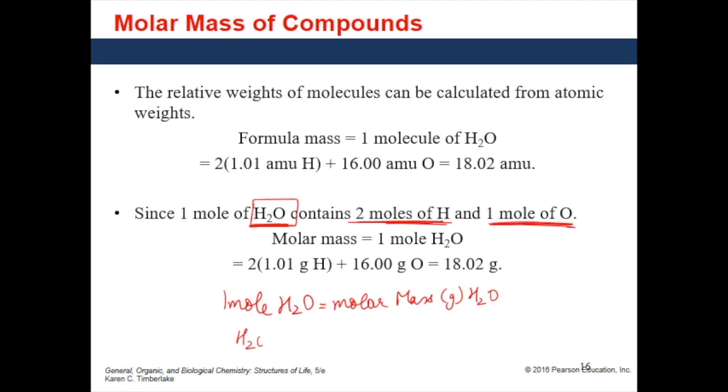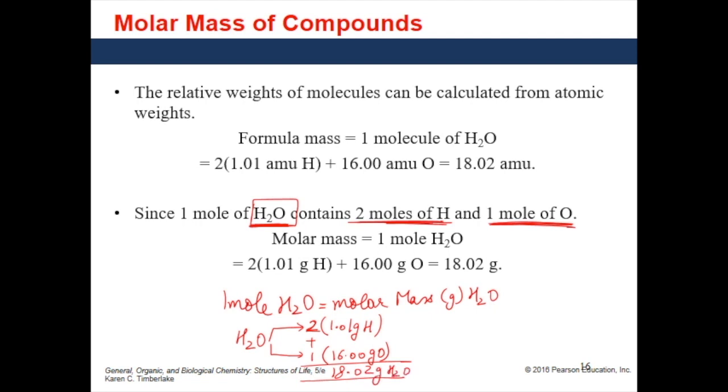Each water consists of 2 atoms of hydrogen, and each atom from the periodic table weighs 1.01 grams. So 2 atoms will weigh twice that, so 2 times 1.01, plus we have 1 atom of oxygen, so 1 times 16.00 grams of oxygen from the periodic table. If you add it all together, that gives you 18.02 grams of H2O.